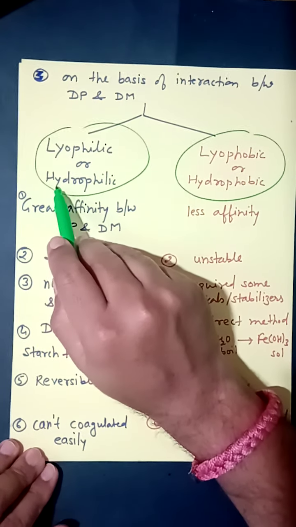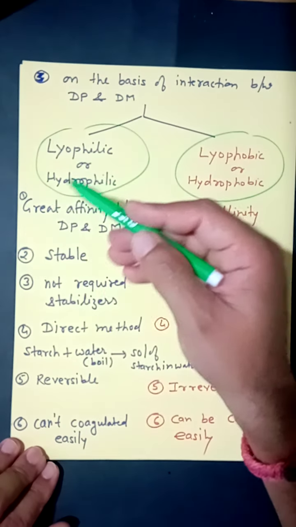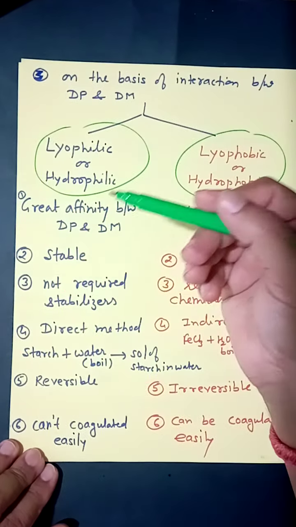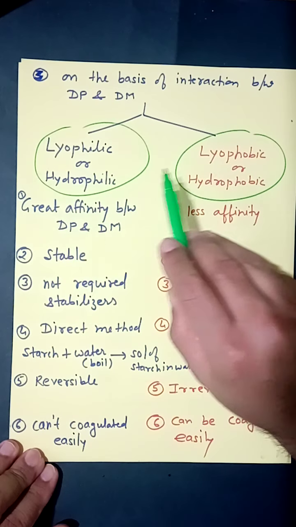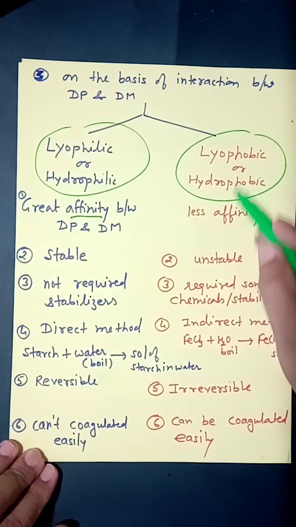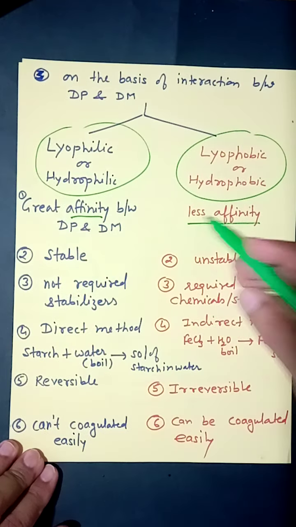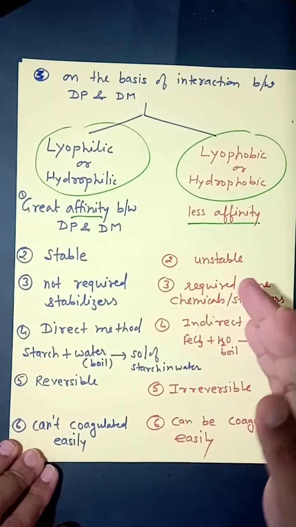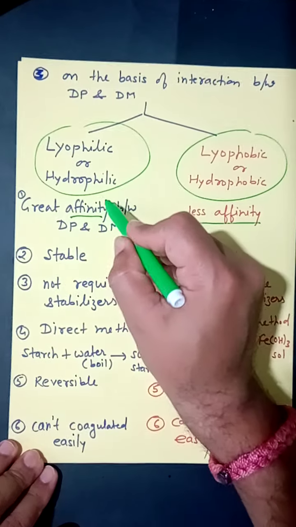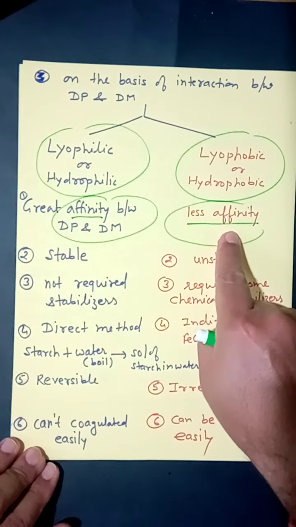Same here, hydro means dispersion medium is water, lyo means dispersion medium may be water or maybe some other liquid also. So philic means they have great affinity, and phobic means they have less affinity between disperse phase and dispersion medium. You can see 6 differences between lyophilic and lyophobic, and they all are because of this very first one. They have great affinity and they have less affinity.